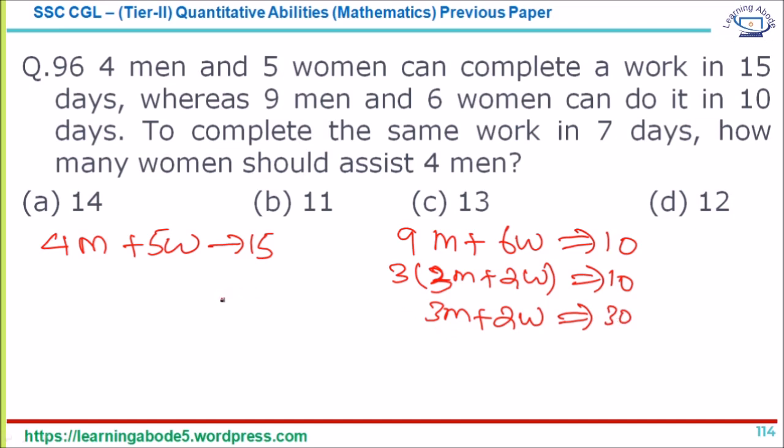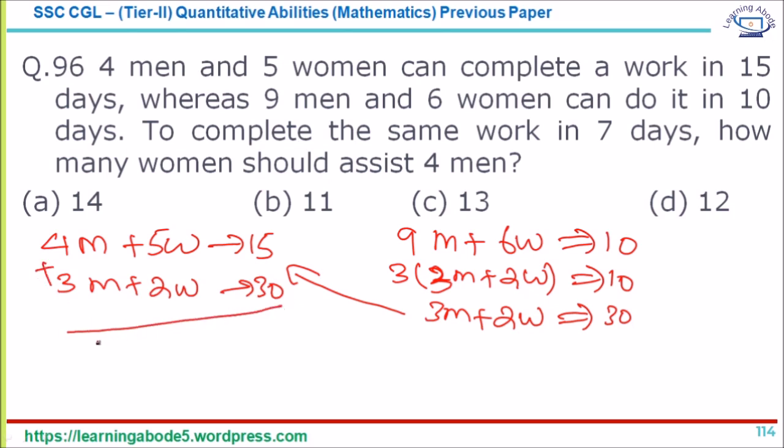Okay, now so if I bring this here, what do we have? 3 men and 2 women, like they have 30 days. Now if they work together, what happens? 7 men and 7 women, they can complete a task in 1 by 15 plus 1 by 30, so that's like 1 by 10, so they can finish in 10 days.